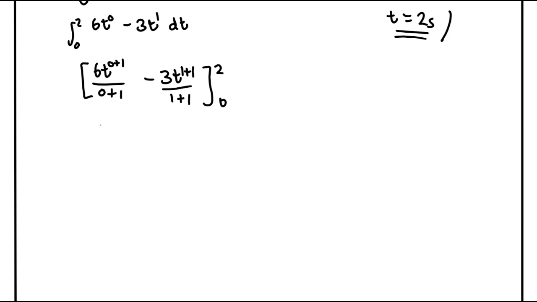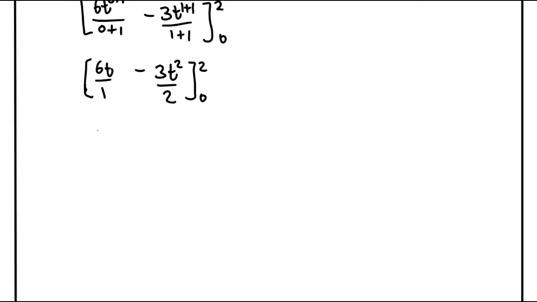This becomes 6t, 0 plus 1 is 1, divided by 1, minus 3, t to the power 1 plus 1 is t to the power 2, divided by 1 plus 1 is 2. Still have to apply the limits, 2 and 0. Now this becomes, and remember, we're getting the function.